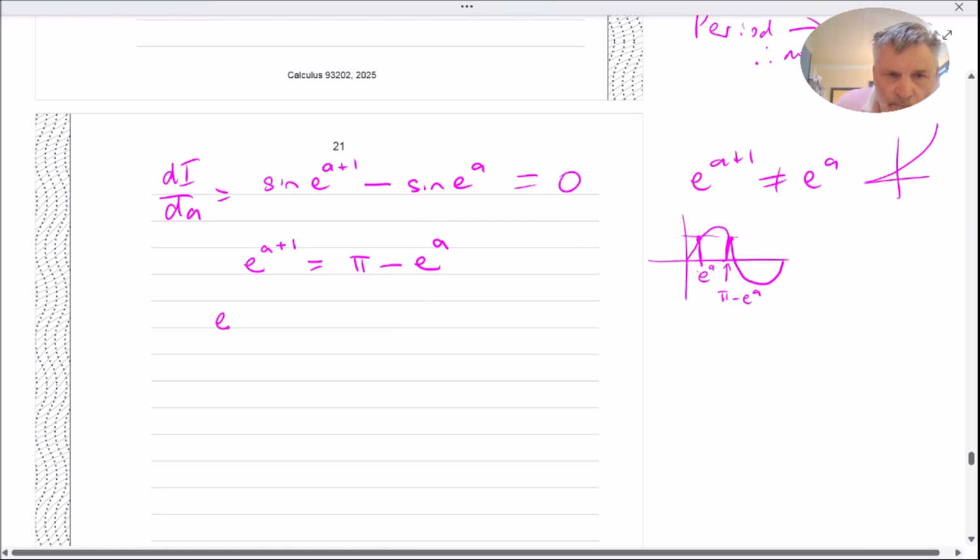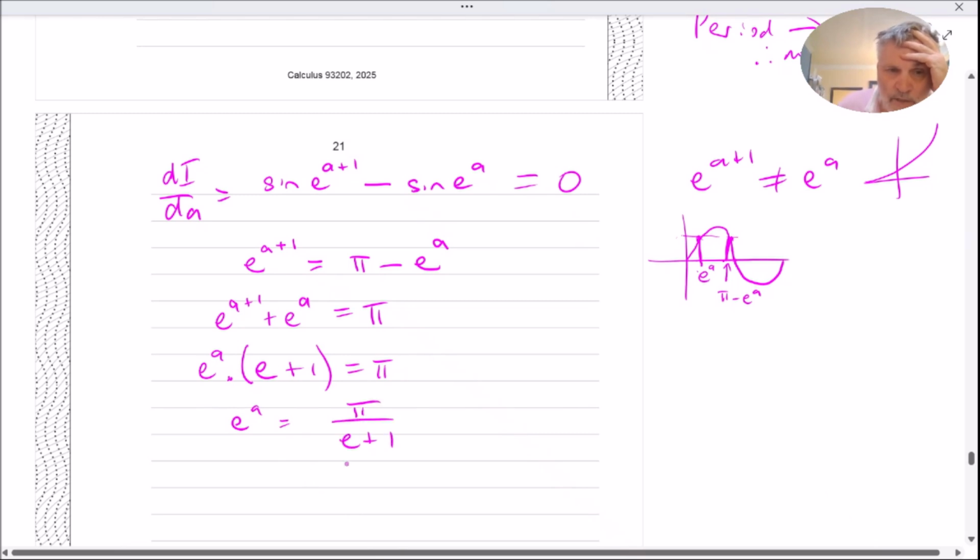So we've got this expression here. We can write the exponential terms on one side. We can factor here e to the A times (e plus 1) equal to pi. We can divide, so we get e to the A is pi divided by (e plus 1). And to get A, we can take a logarithm.